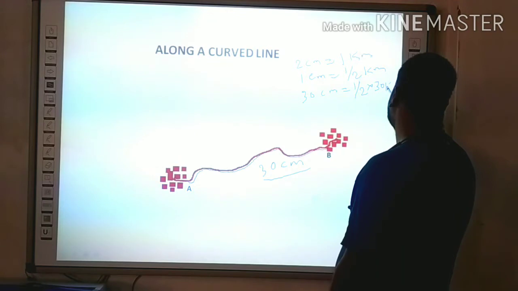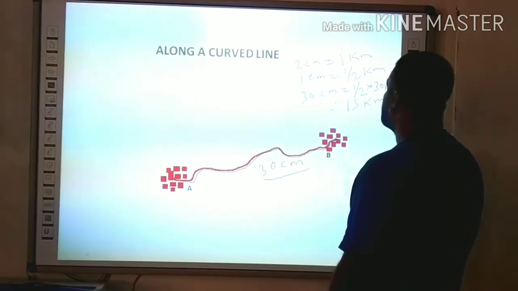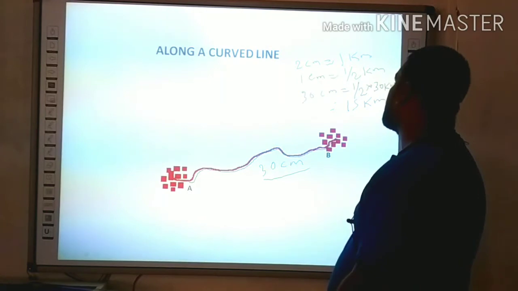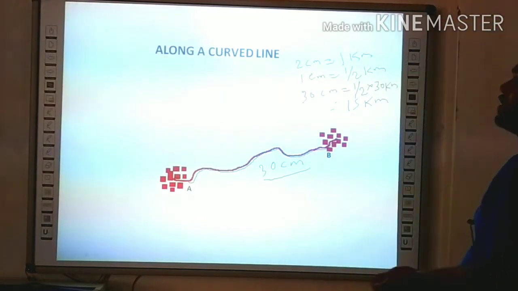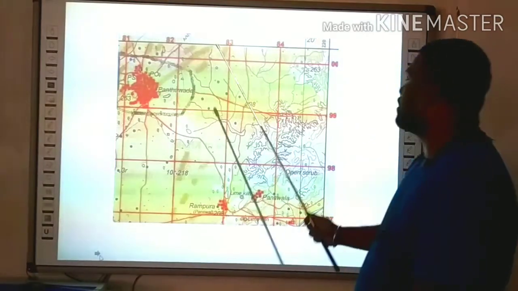So what will be your answer? Your answer will be 15 kilometer along the cart track between settlement A and B in actual ground.